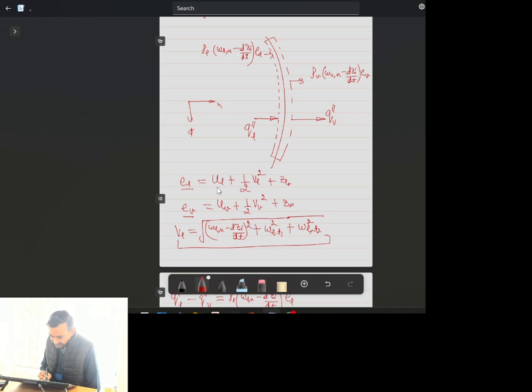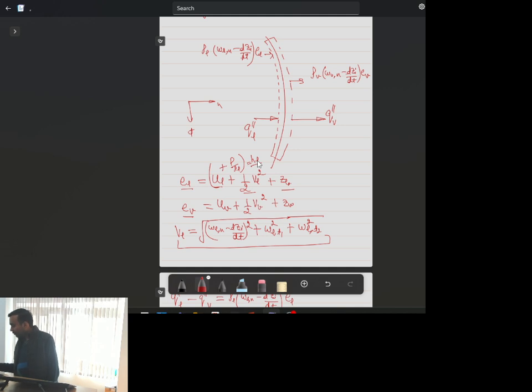Okay, so I had written internal energy plus kinetic energy plus potential energy. Instead of this internal energy, it should be internal energy plus P by rho_L, and this jointly becomes equal to H_L. Okay, so basically over here we are talking about the flow.